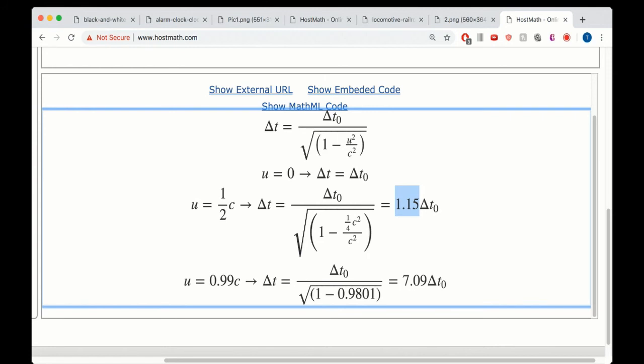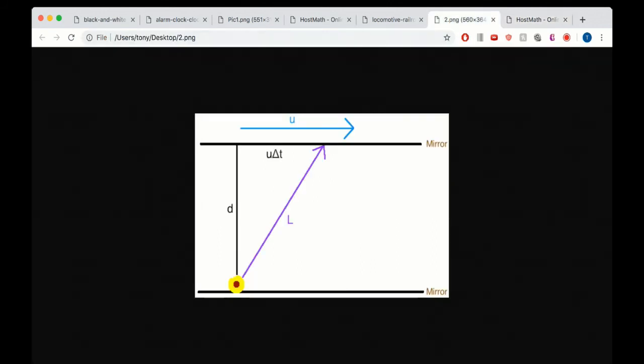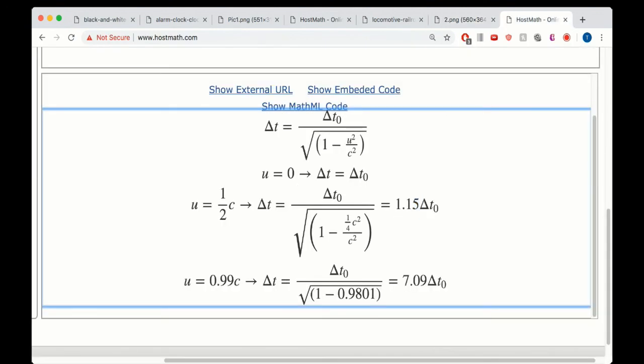So this makes sense, because if you go back to our diagram before and look, L is bigger than d, so we know that the overall distance traveled increased. Since the speed of light was constant, then the time must also increase, so the time increased by 1.15.